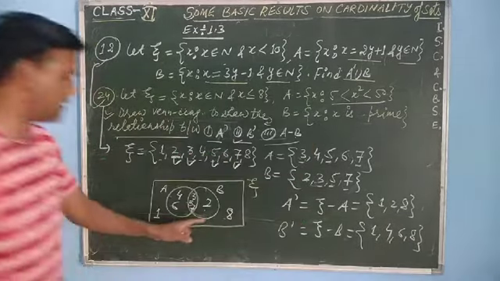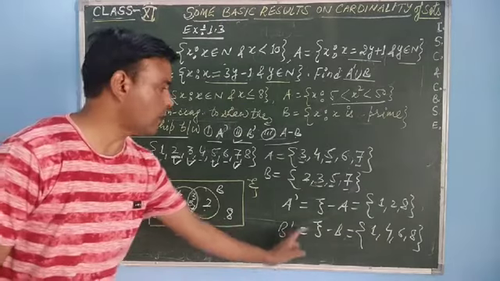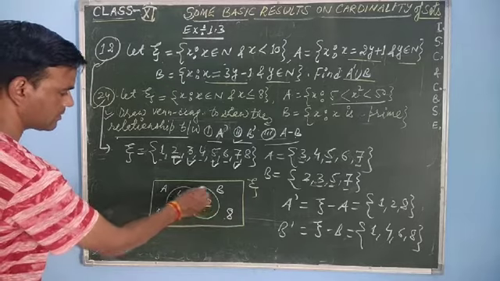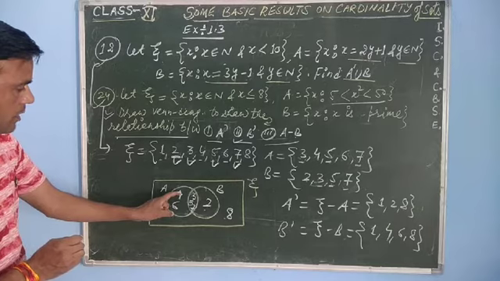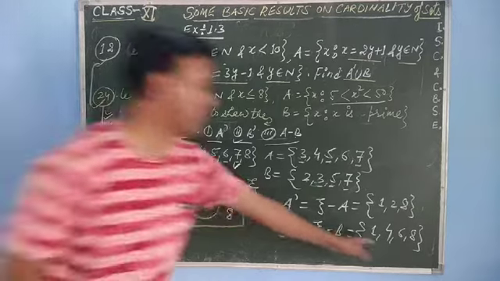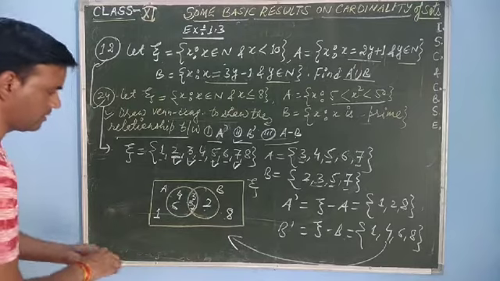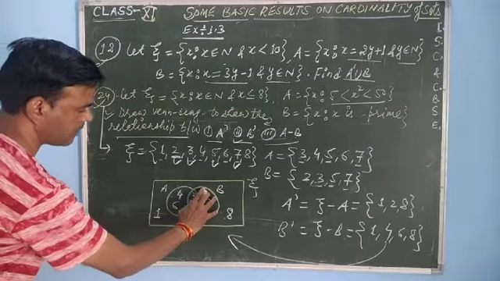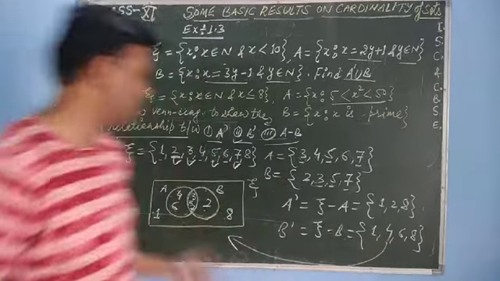See from the Venn diagram, 1, 4, 6, 8 are outside B. Complement B means outside B. This is set B, and outside this set B are 1, 4, 6, 8. You can verify from this diagram. So this is the Venn diagram.